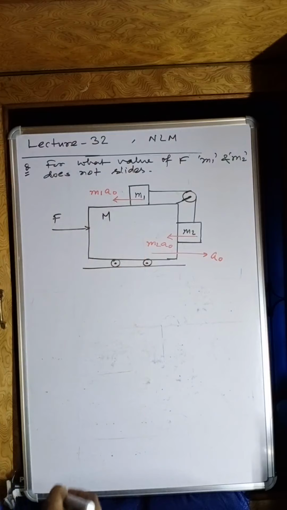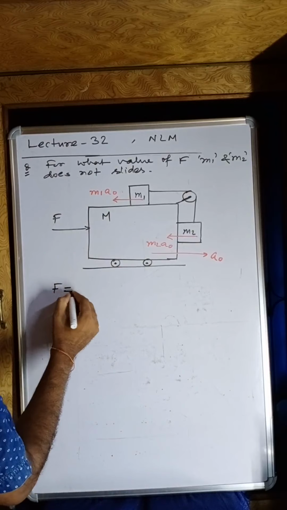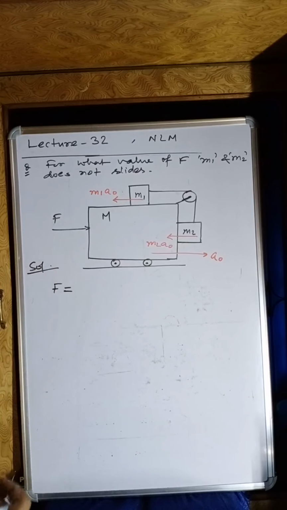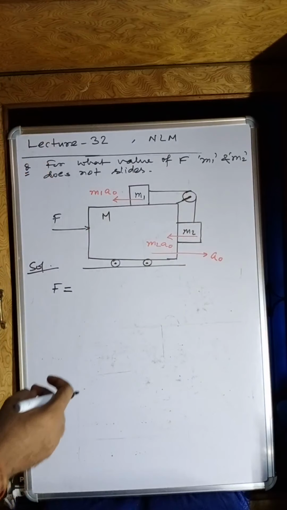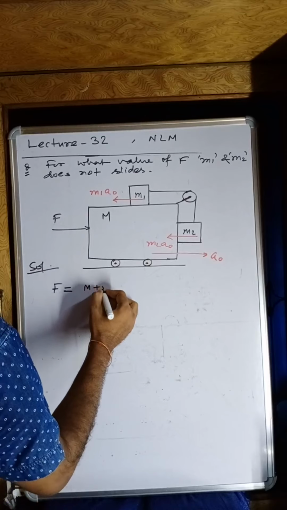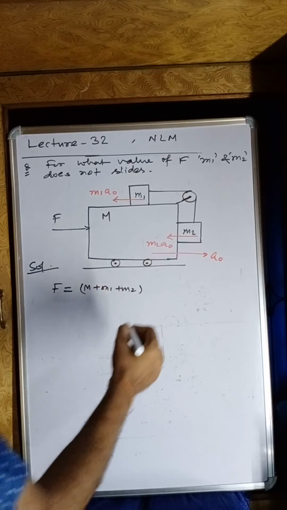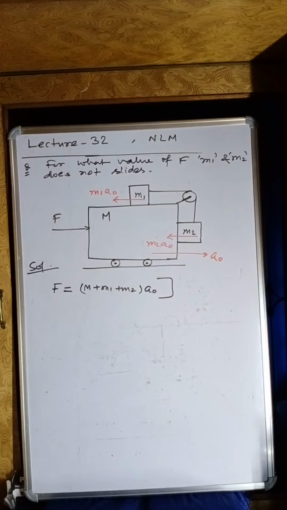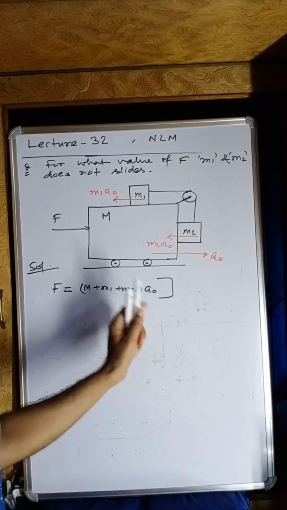It is m. Now, what will be the force? Force equals mass times acceleration. What will be the mass of the entire system? It will be m plus m1 plus m2, and the acceleration is a0, and this will be our answer. But our aim is to find the acceleration. How to find this a0?